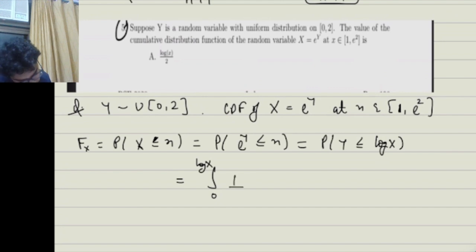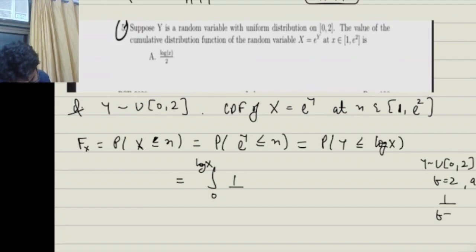Now the PDF for y would be 1 upon 2 because b is 2 and a is 0. Y is uniformly distributed from 0 to 2. This means that b is equal to 2, a is equal to 0.